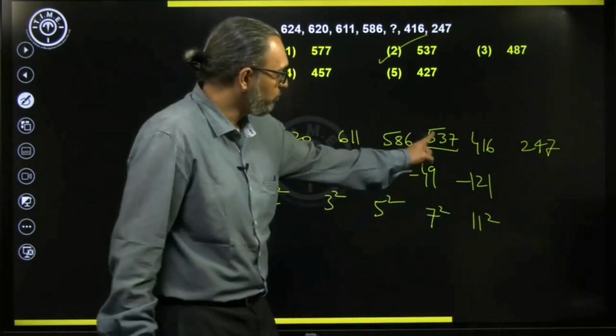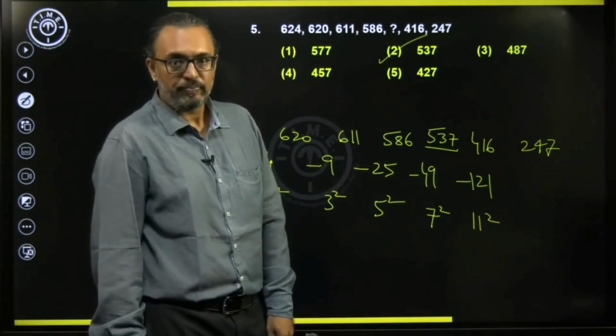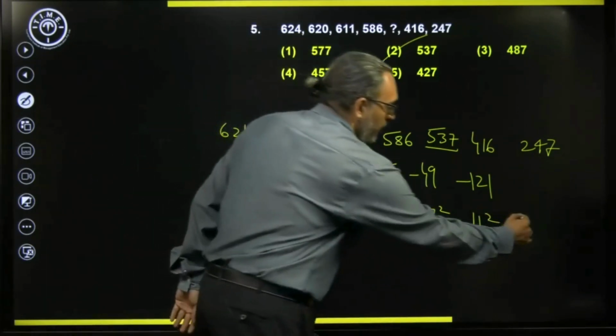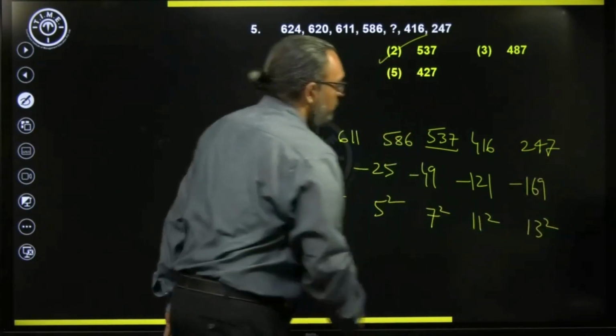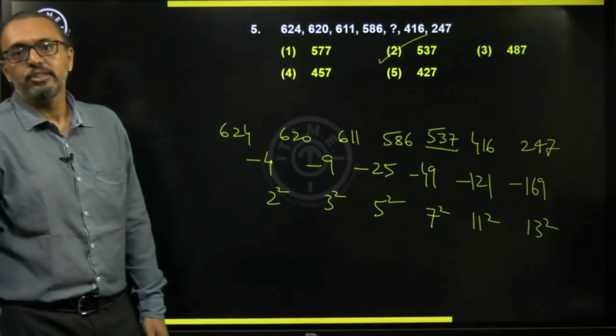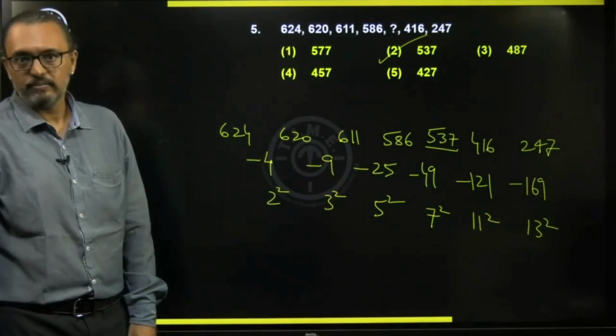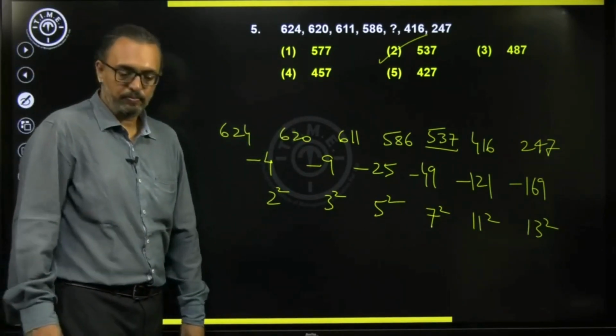So by doing negative 121, you will get 416. Yes. And then you have 13 square, which is negative 169. So that is the logic. The differences are consecutive prime numbers. Okay, yes. So 537, choice 2. Right.